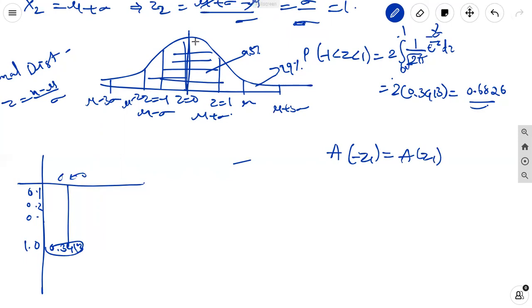Why? Because it is symmetric and we are taking z equal to 0. Whatever the area on the right side with z equal to 1, the same holds with z equal to minus 1, the area is the same. If area is indicated with the positive sign, area of minus z1 is equal to area of z1. Here we discussed some cases.